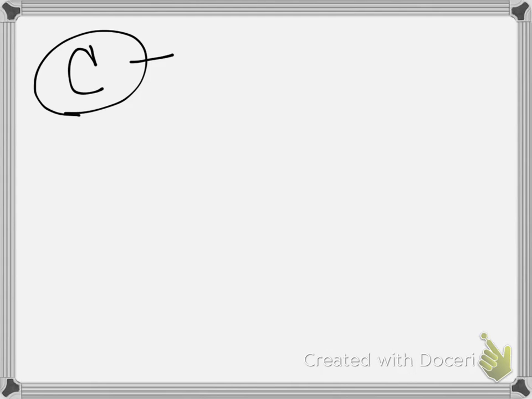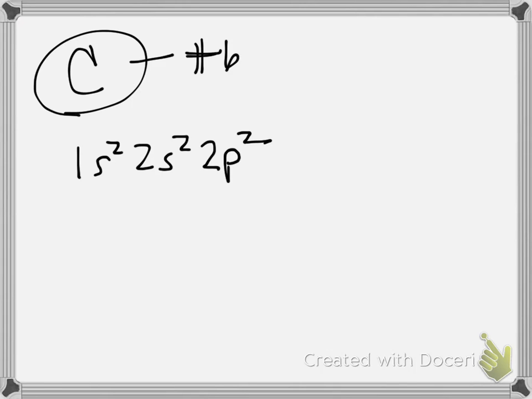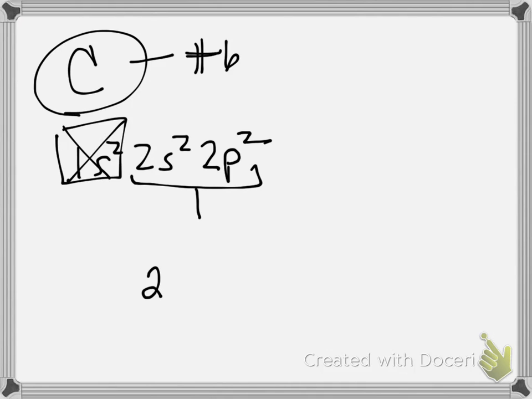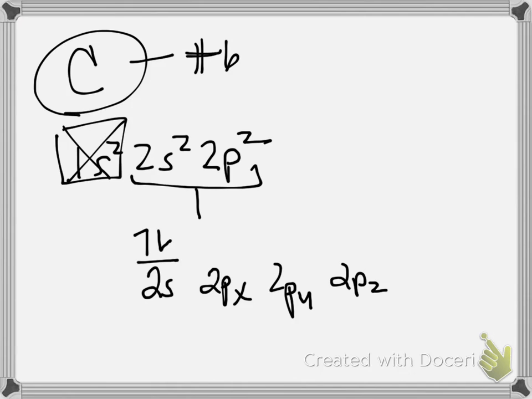6. So it's got 1s2, 2s2, 2p2. Remember, the 1s is totally out. So if we look at these valence electrons, we have 2s with 2 electrons, and 2px, 2py, 2pz.